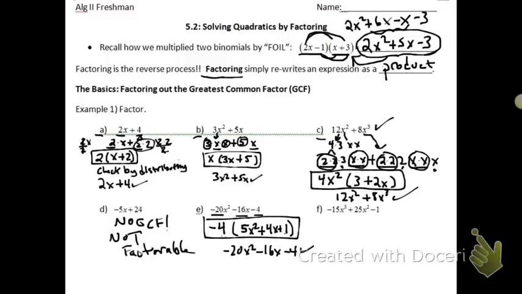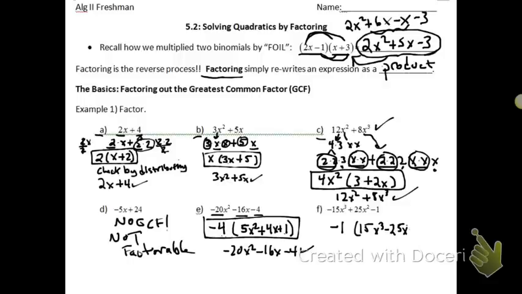If we look at this guy, I have a 15, a 25, a 1. Geez, all I can pull out is maybe a negative 1 because there's a negative in front, so let's do it. If I pull out a negative 1, I'm just going to be left with a 15x cubed. If I divide 25x squared by negative 1, I'm left with a negative 25x squared. I probably shouldn't have written the parentheses so close here.